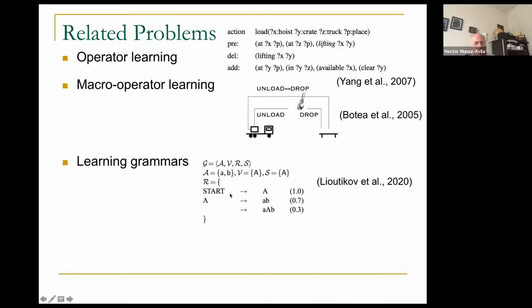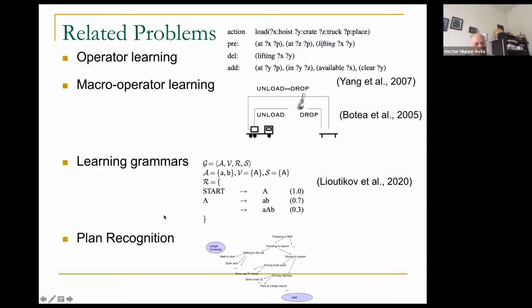Here we could use methods of learning grammars to learn the hierarchical structure of a domain. Researchers, I know Rao Kambhampati a few years back, used such methods. So those things can be used. But the part that is not done here is learning the preconditions, or the applicability conditions.